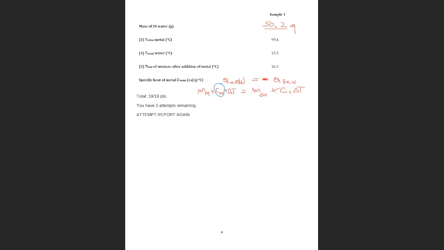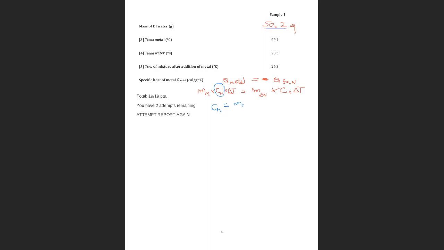So the specific heat of the metal is going to be the mass of the solution that you are given. In my case, what is the mass of the solution? Because the metal is solid, you are going to say 50.2.